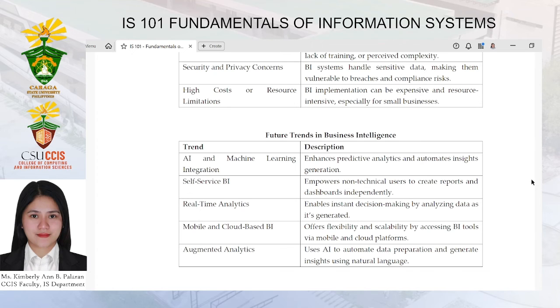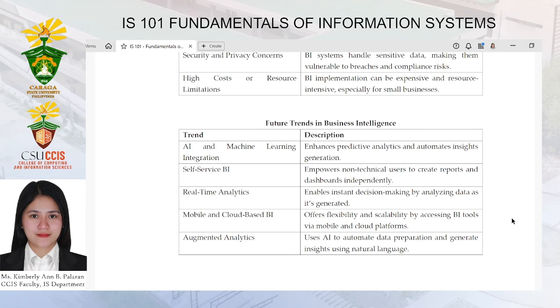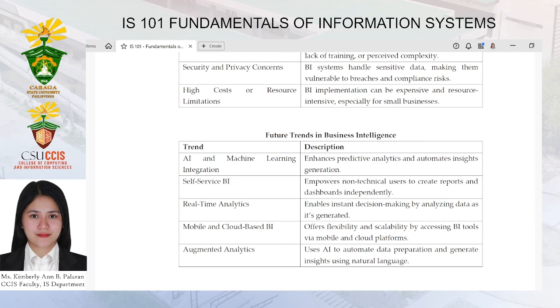This enables instant decision-making by analyzing data as it's generated. Next is mobile and cloud-based business intelligence. This offers flexibility and scalability by accessing BI tools via mobile and cloud platforms. And lastly, we have augmented analytics. This uses AI to automate data preparation and generate insights using natural language.